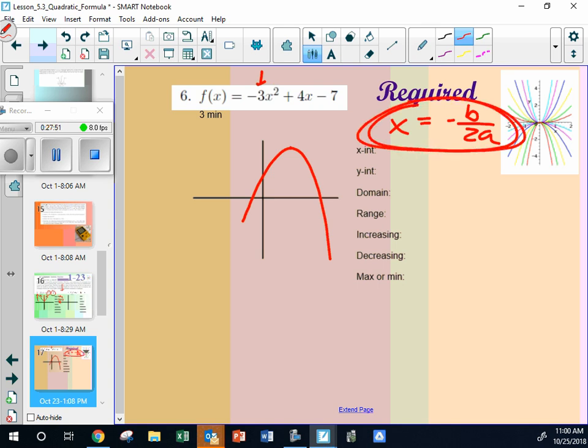That guy, negative b over 2a: negative 4 over 2 times negative 3, which makes negative 6. Negative 4 over negative 6 is positive 2/3. x equals 2/3 is the x of the vertex. So it's (2/3, comma, and then yeah, it's a bit of a pain, but you'd have to stick that in if you want to know the y value.